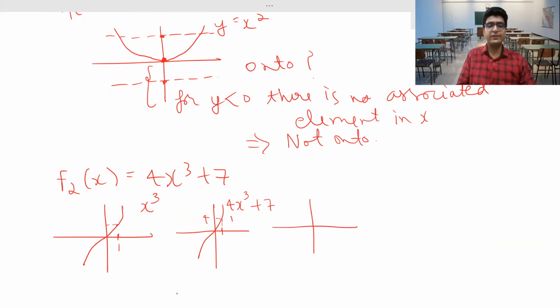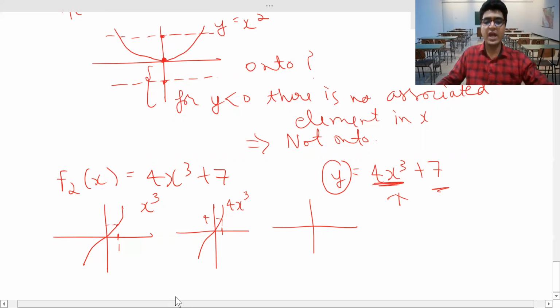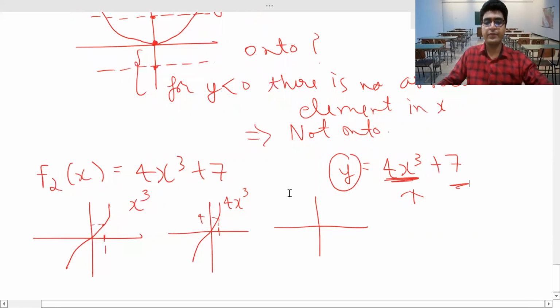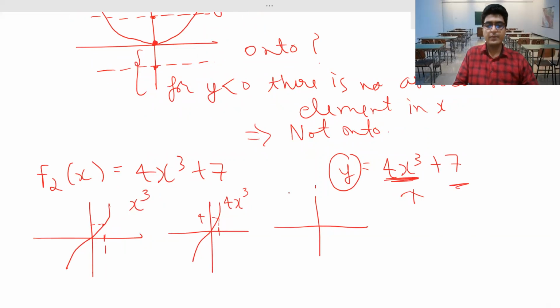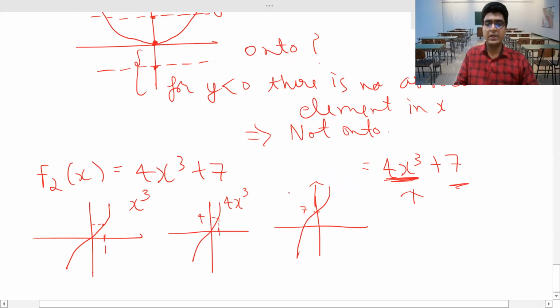Why will it shift up? Because y is equal to 4x cube plus 7. If I am adding 7 to 4x cube, I am actually adding 7 to y, and y increases in the upward direction. So this graph will shift up and it will look like this. Now the intercept will be at 7. So this is the graph for y equal to 4x cube plus 7.